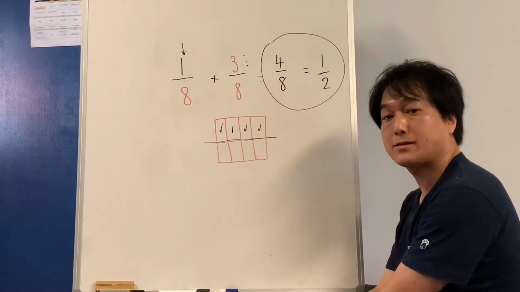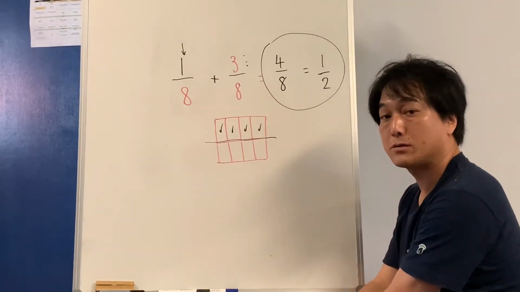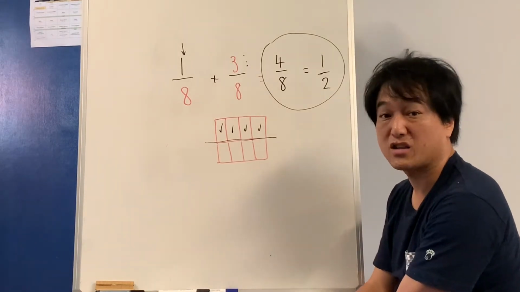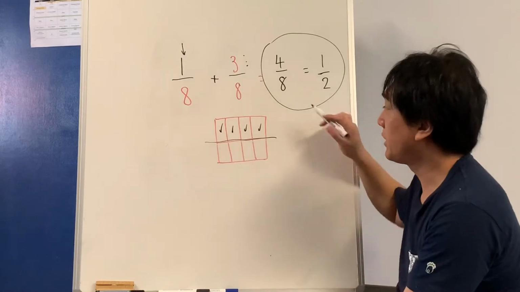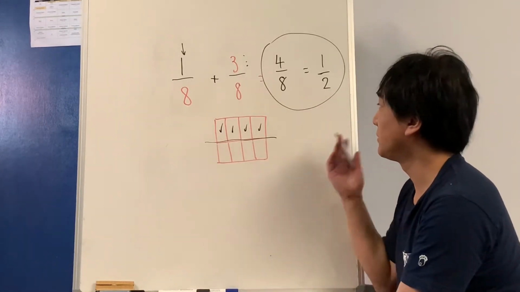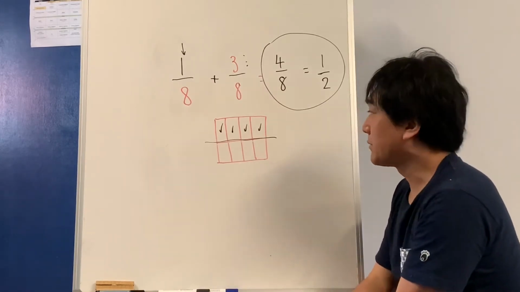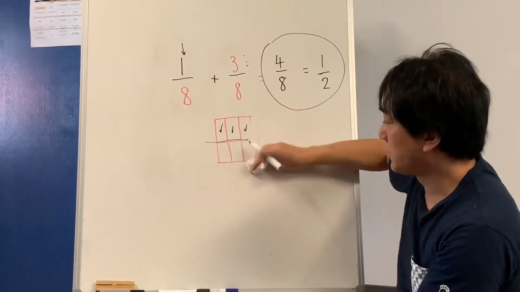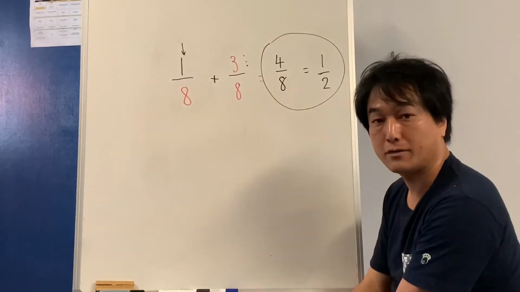So 4/8 and 1/2 are equivalent fractions, means they're pretty much the same. Personally, I don't mind if you answer 4/8, that's correct. If you write 1/2, that's correct. Sometimes some teachers and learners have different opinions, but personally, they're both fine.